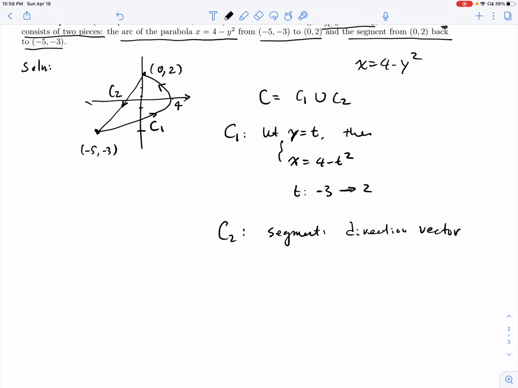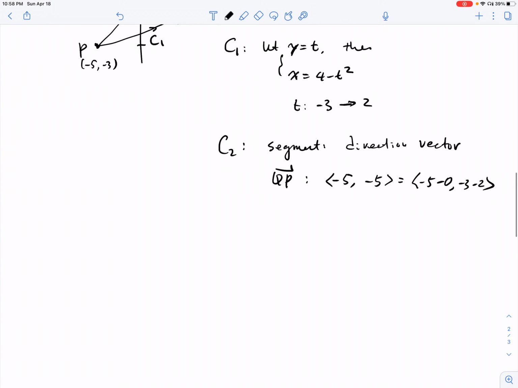This is going to be PQ, right? We can simply say the direction vector is going to be QP, like that. Okay, and then we will have -5, and -3 minus 2 is again -5. So this is simply -5 minus 0, and -3 minus 2. That's how we find the direction vector, right?